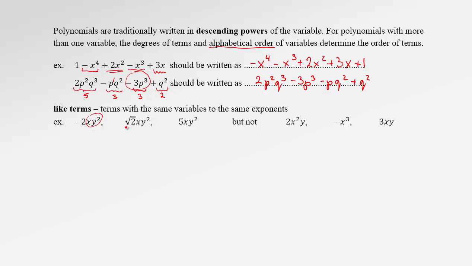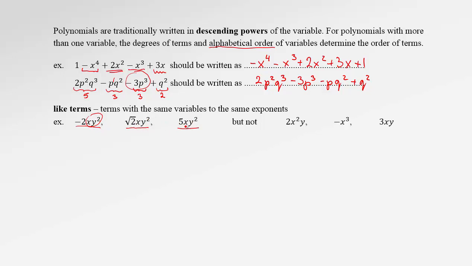So we see that this term and that term are like the first one, because we still have xy squared everywhere. So all three of them are like terms. The coefficient doesn't matter, but the label xy squared must be exactly the same.